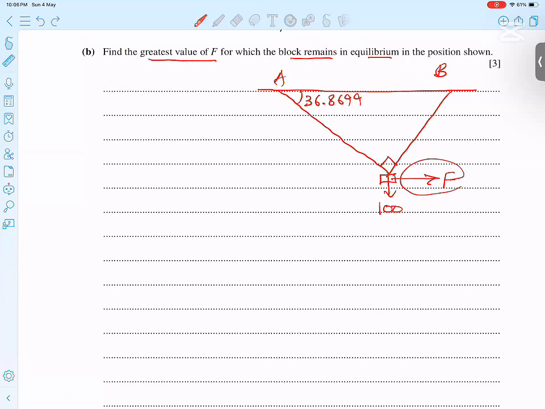You can see this is pulling rightwards. Okay, students, be attentive. I will try to help you in a simple way. Let's have a look here. This is T1, and this is T2, as I said before. So students, what is the criterion we have? If I pull a little bit more force here, this string will become loose.